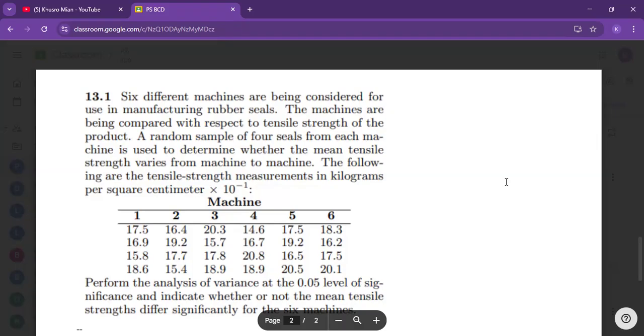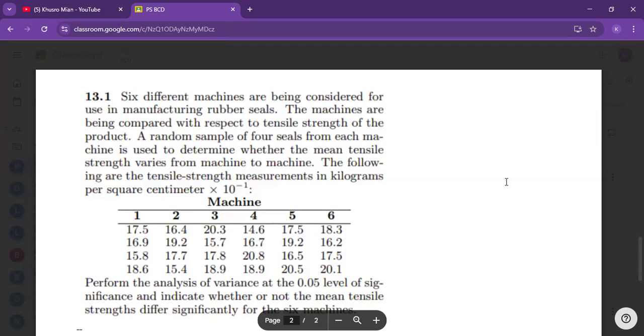A random sample of 4 seals from each machine is used to determine whether the mean tensile strength varies from machine to machine.